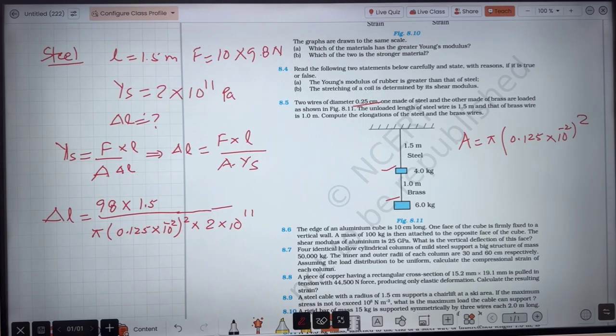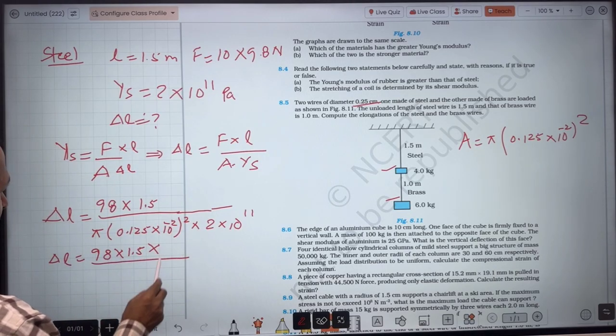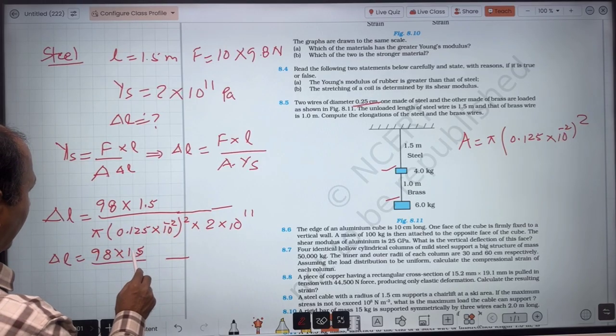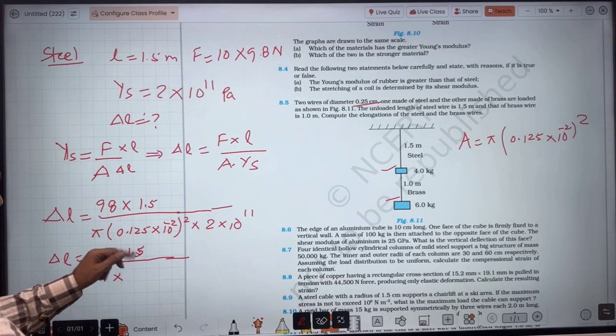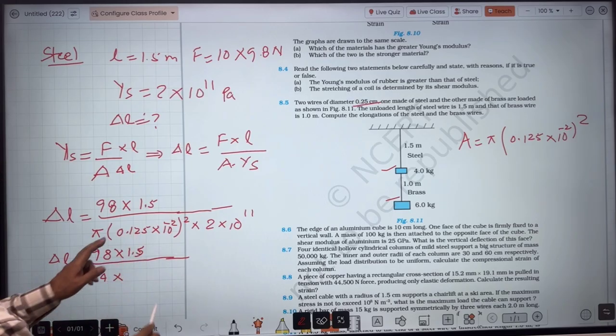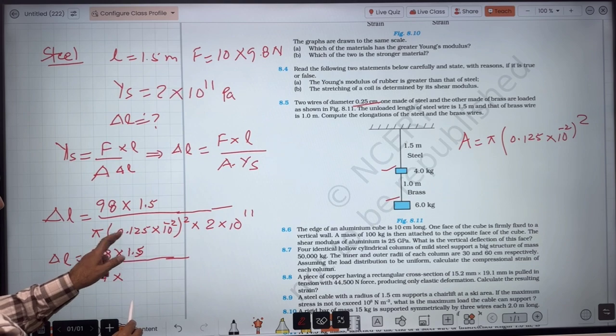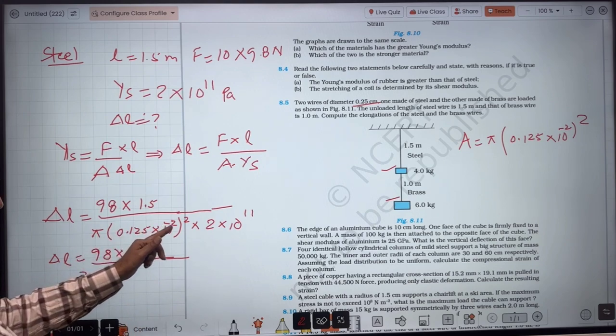Now what is to be done? We simplify it. Delta L equal to 98 into 1.5 into, here we can simplify 1.5 divided by pi, let's write 3.14 into, here if you convert it into power, so 1.25, if we write it as 125, in that case what do we get? 3 negative power will increase, so this will become 10 power minus 5.